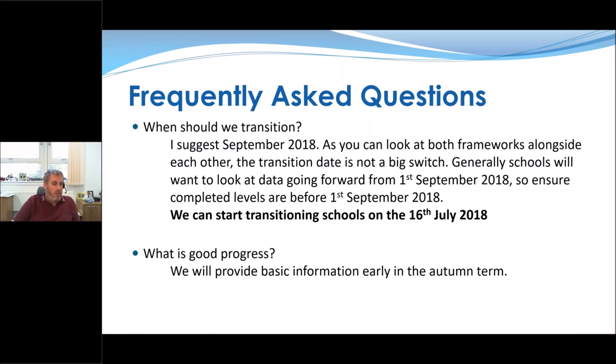So you will know in September, where a child is on progression step 4, what good progress will look like. At the start, it'll be basic information, but we will be doing work on that going forward to give a more accurate picture once we've got a year's worth of data. But we'll give you some guidance ready for the start of the term.